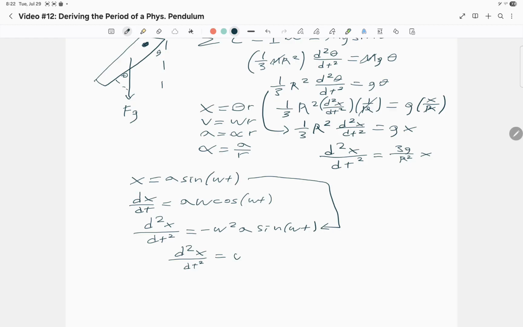I won't explain why, but angular frequency squared times position. So this is almost exactly in the format we had up here, which is great. I can't express to you how great that is. Now let me make sure I have my units right. Yes, this is fine. Good. Give me a second here. We have units up here of meters per second squared, and we have units of meters squared on the bottom.